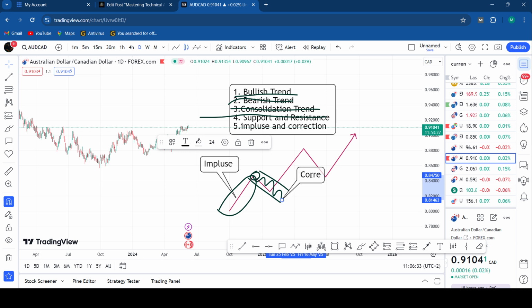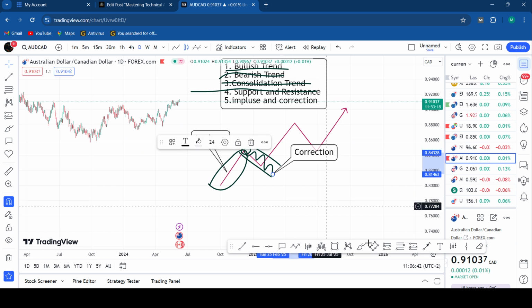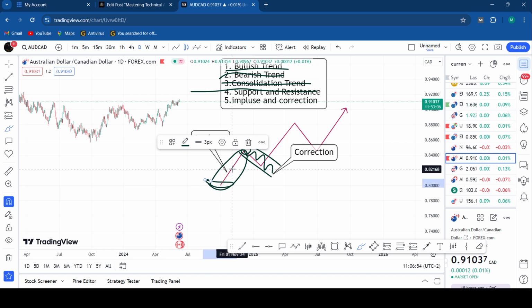What this move tends to do is strike fear in traders. The reason I say that is because you might have thought the market is about to impulse right now, so you take your buying opportunities, you take your buys. Let's say the market has been moving from Wednesday in this impulsive move, and you've been holding this trade.